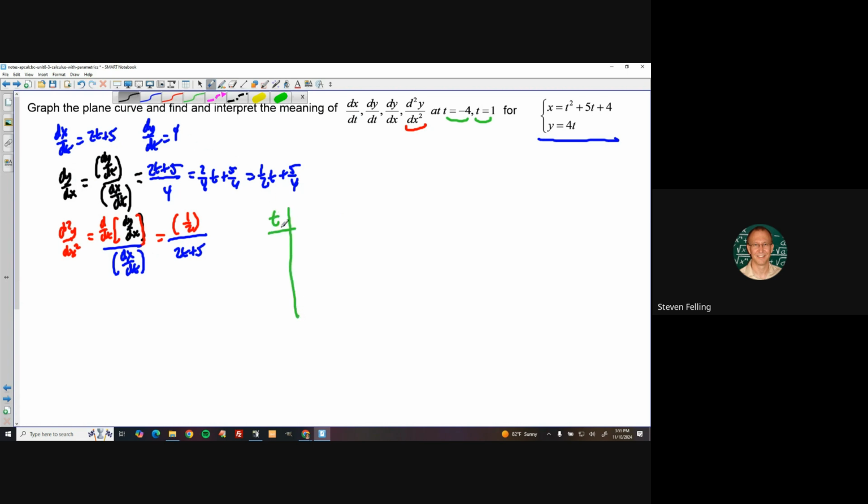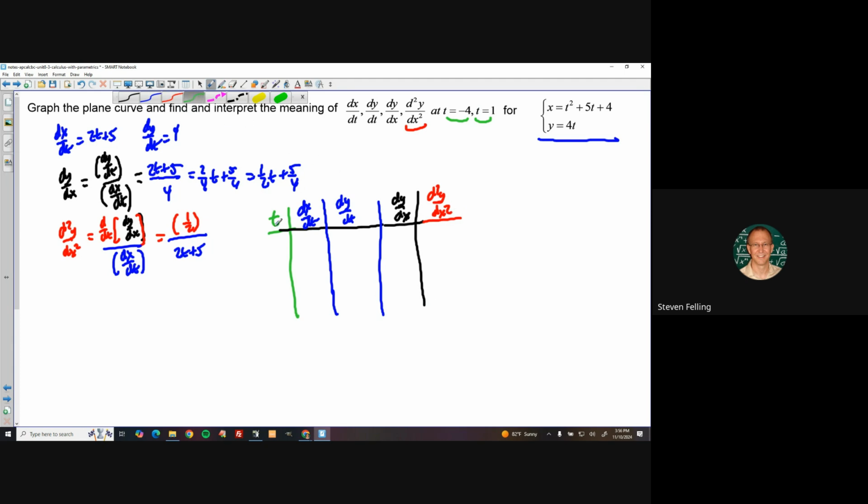Okay, and then we're going to do next dx/dt and dy/dt. Right, and then we will figure out what dy/dx is. And finally, we'll figure out what the second derivative is. Second derivative of y with respect to x, which is the concavity.